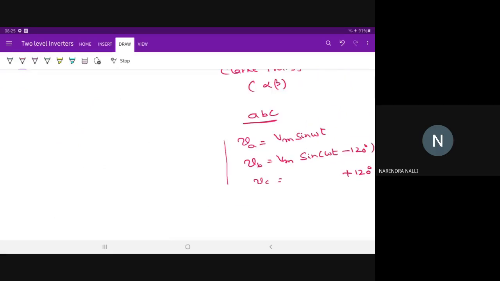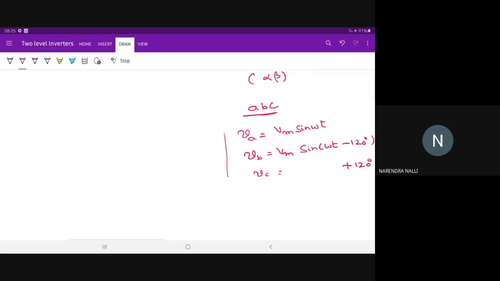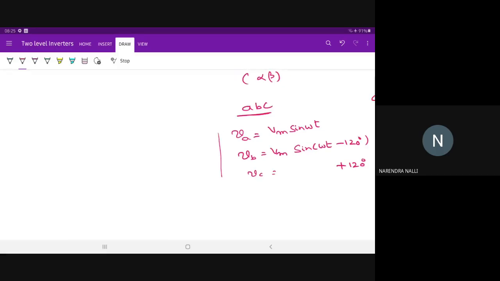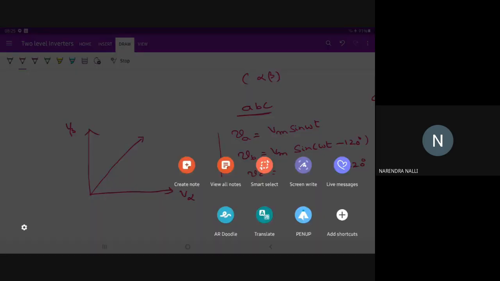Once you derive this, this is the V alpha and this is the V beta phasor. For example, you have some resultant of this V alpha and V beta.